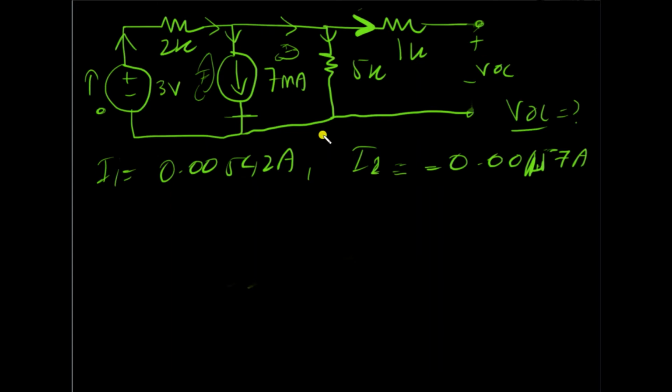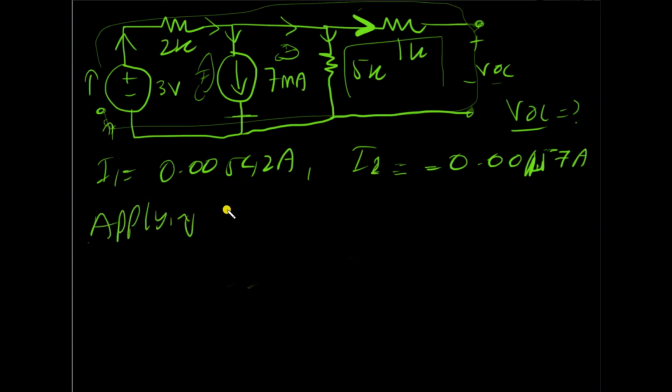So now let's find VOC. I need to apply a KVL from any side. I can even go from here to here, or I can go from here all the way back to here. So I'll just start off from this side, applying the KVL: -3.